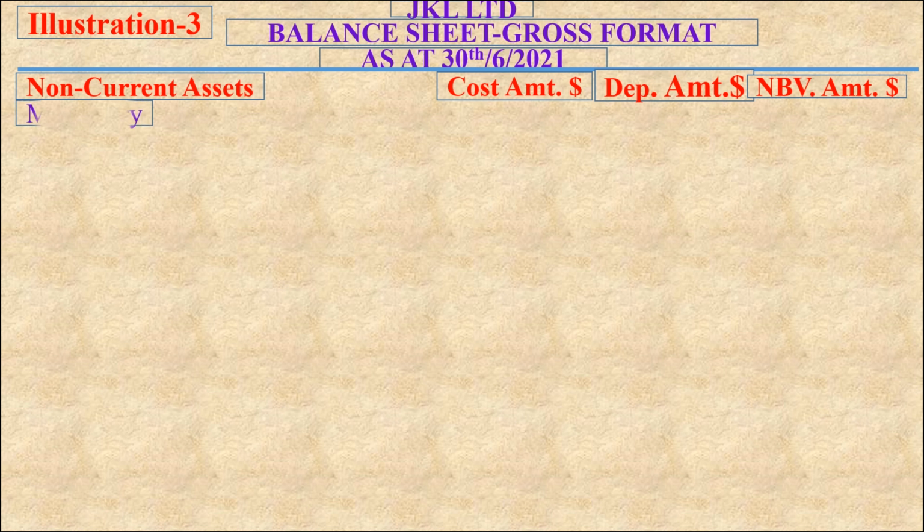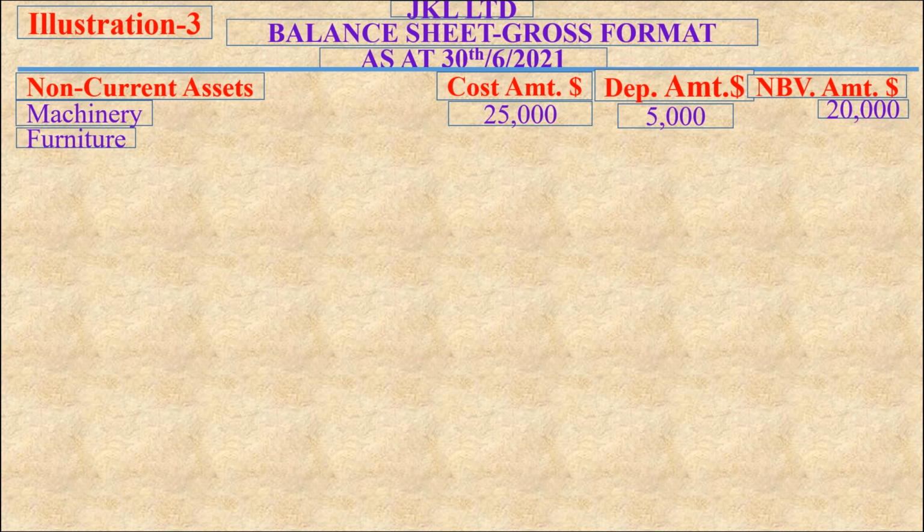We have machinery. The cost value was 25,000 with the cumulative depreciation of 5,000 and a net book value of 20,000. Then we have furniture, which was 22,000. Then the cumulative depreciation was 2,000 so far, and that again gave us 20,000.